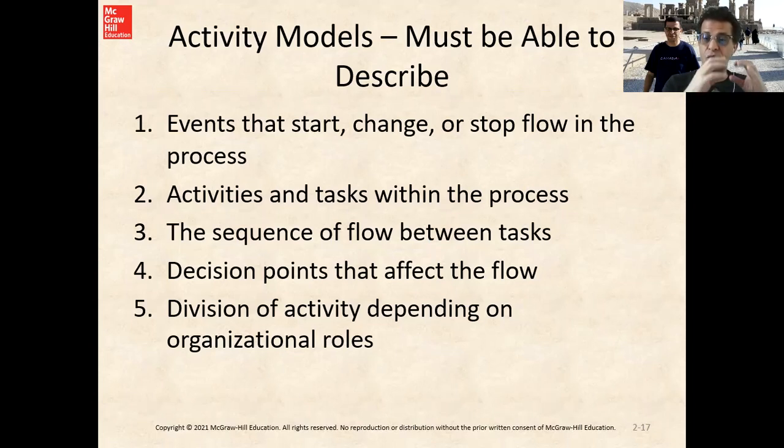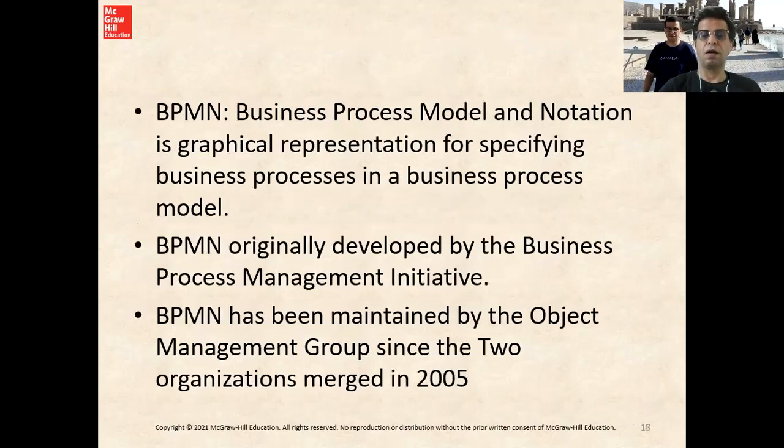Activities and tasks within the process itself, the sequence of the flow of the tasks, if there are different stages, decision points that affect the flow, and it also comes with what-if analysis. Also, the divisions of activities depend on the roles in the organization, whether the product goes there and then goes up and then goes down, or keeps flowing in the same line of department.